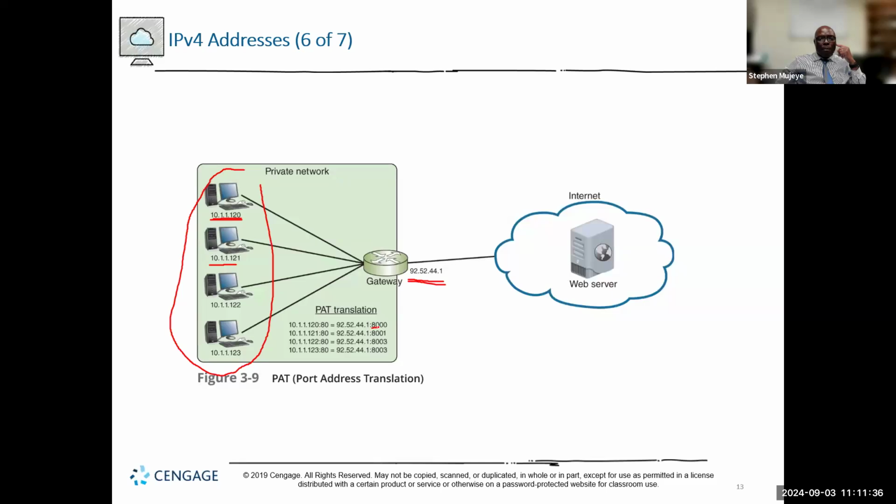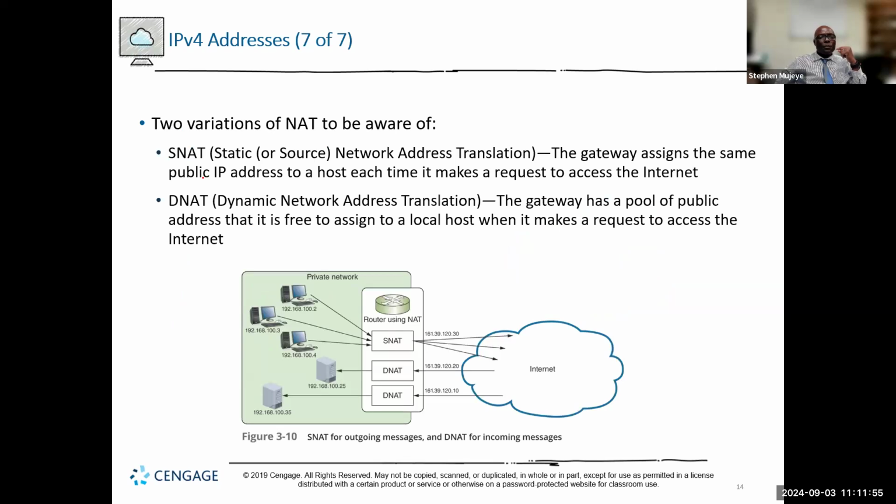So this is the port translation. This is added to the IP address so that as this router sends traffic out there, it will tag it with this so that it knows where to send it when it comes back. There are two variations of NAT, static and dynamic.